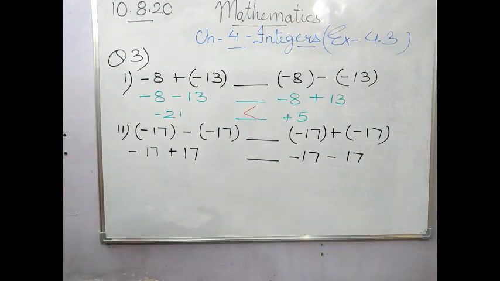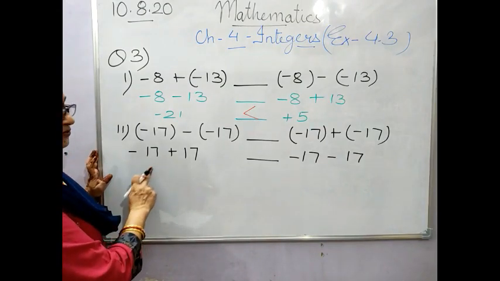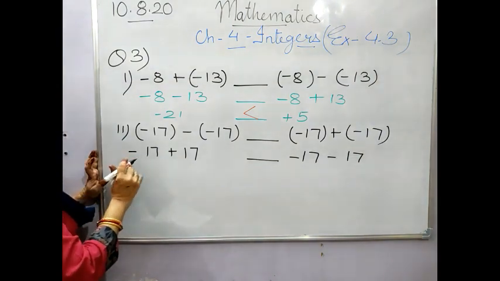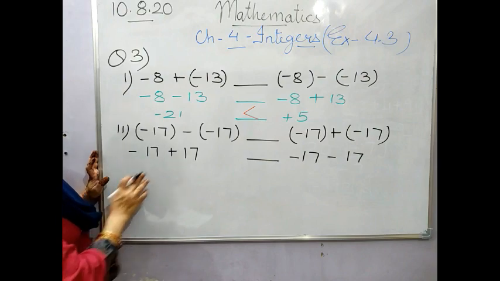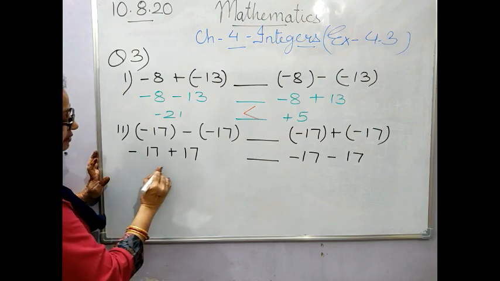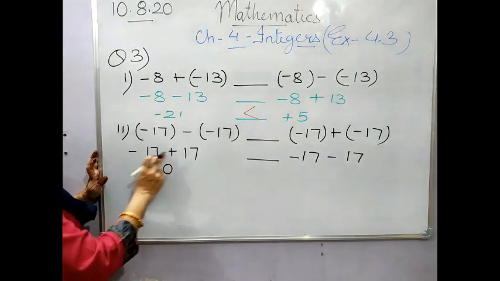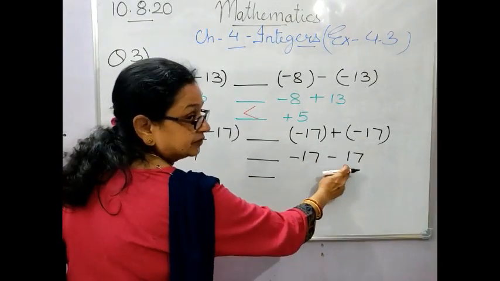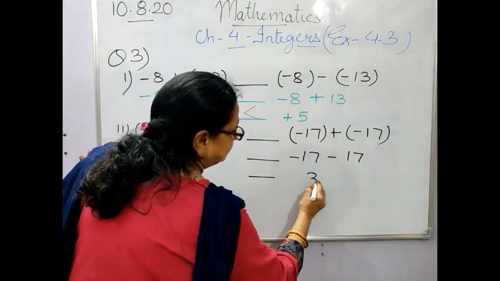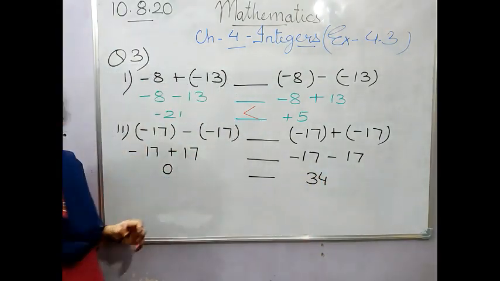Have a look. Now signs are different, that means we will subtract. 17 minus 17 is 0. Then dash. Both the signs are same, that means we will add. So it will be 34.